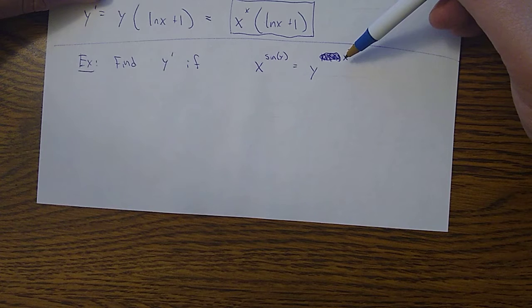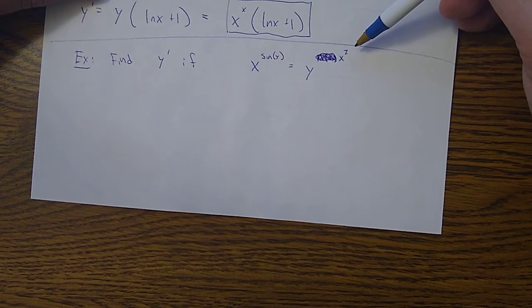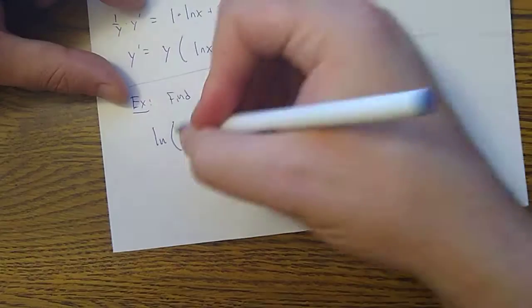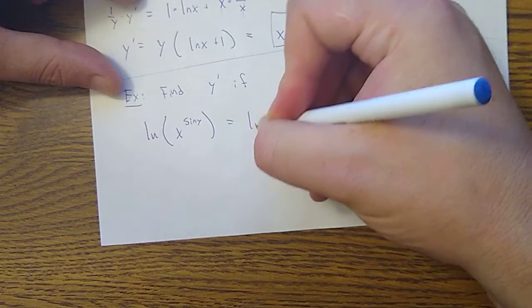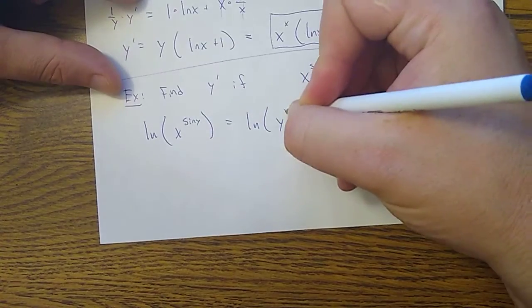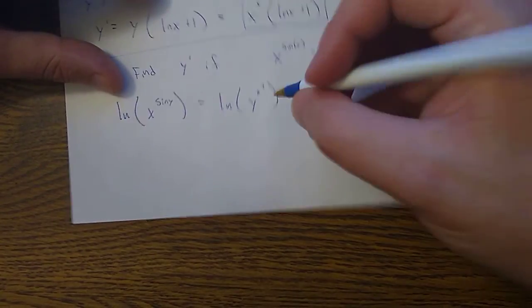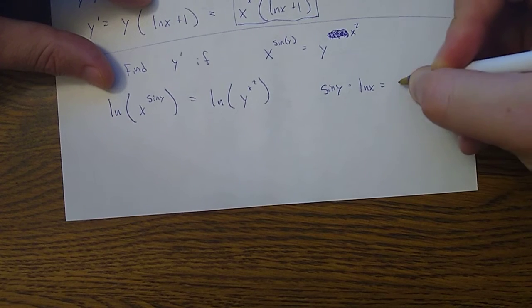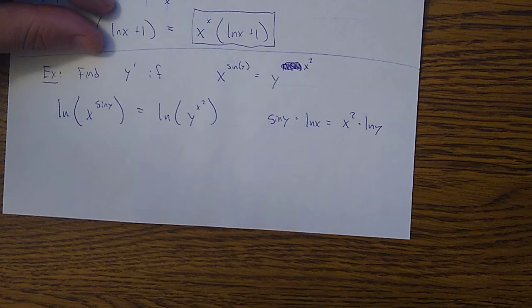So I have x to the sine y equals y to the x squared. So what happens if I do natural log of both sides? I can take the powers down, like that.